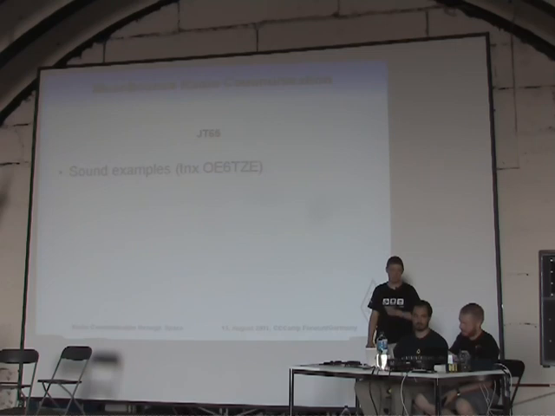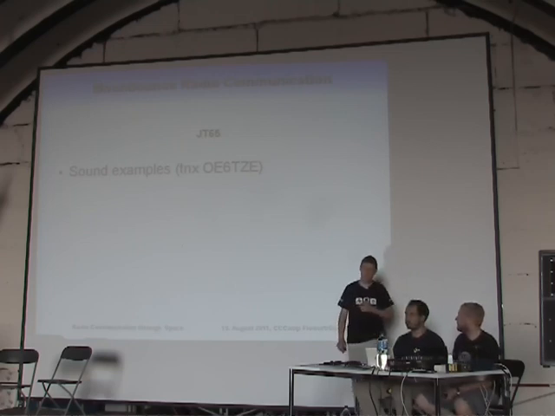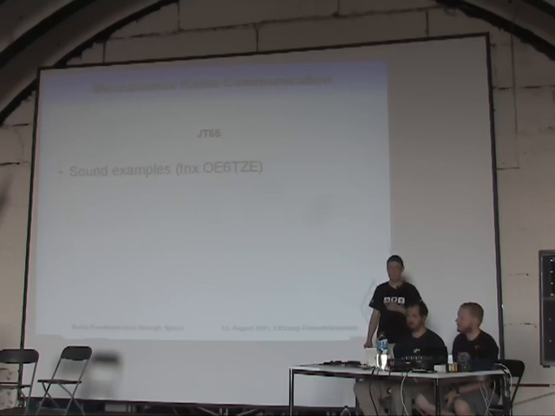And the next sound file is 20 decibels under the noise level. Yeah, so you can't hear anything, but with a computer and the demodulation signal, it's very easy to decode it. So next slide, please.